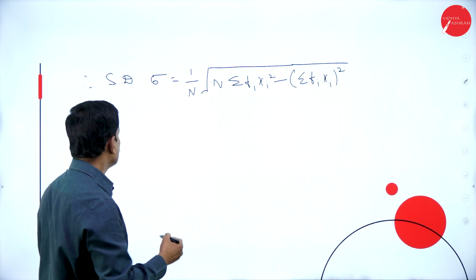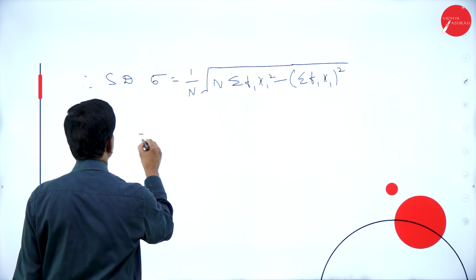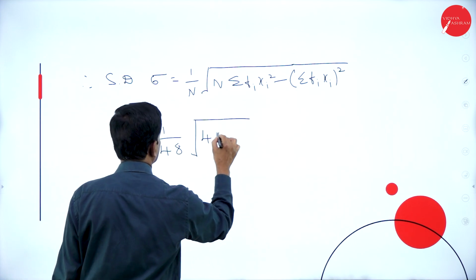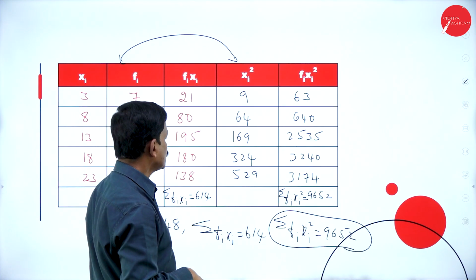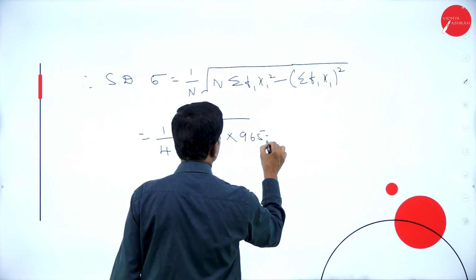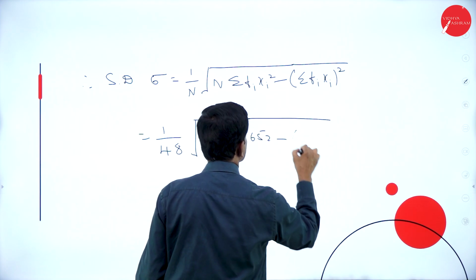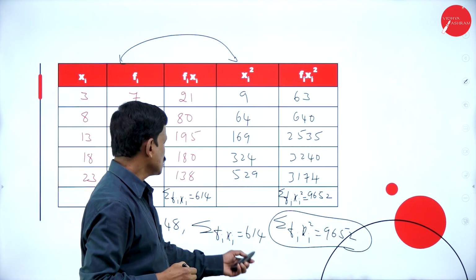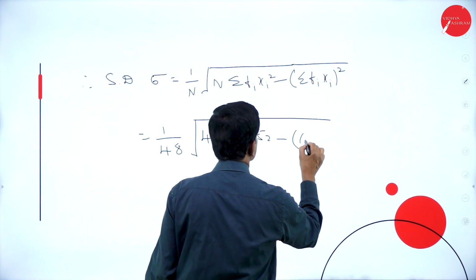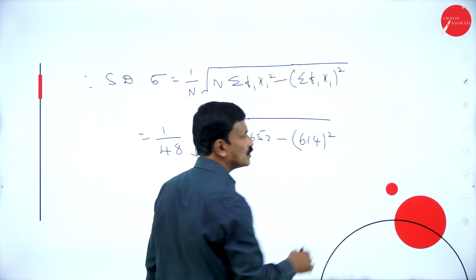Okay. Now what is this equal to? 1 over n is 1 over 48, into the square root of 48 into sigma fi xi square, which is 9652, minus sigma fi xi, which is 614, whole square. Simplify this.